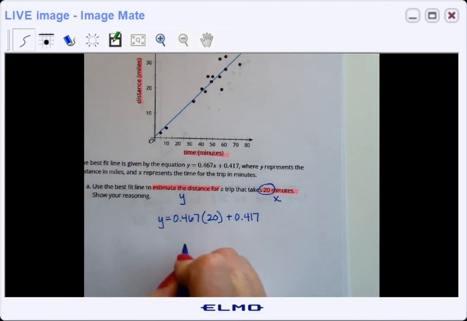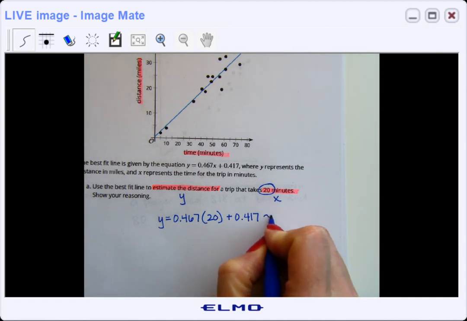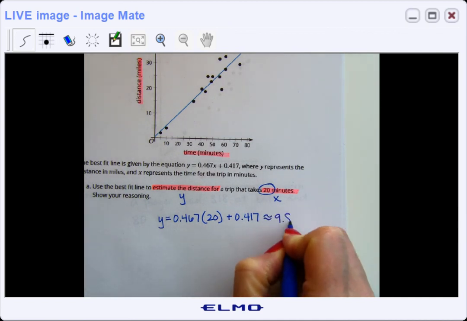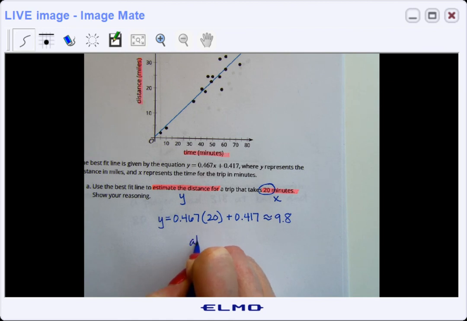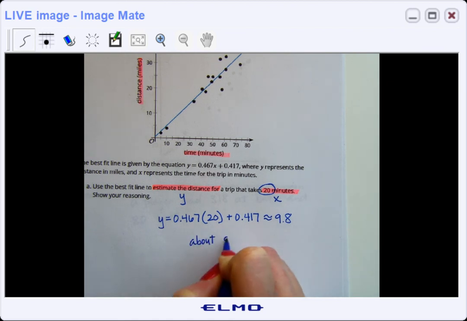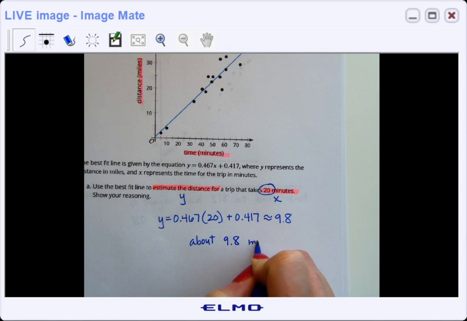So the estimate, I would say, since this is about 9.8, I would say about 9.8 miles.